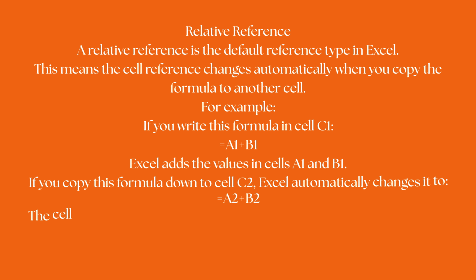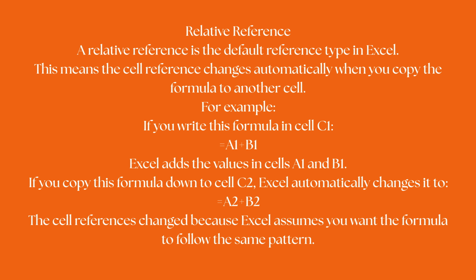For example, if you write this formula in cell C1, equals A1 plus B1, I told you that if you're going to make formulas, the result must be in another column. Excel adds the values in cells A1 and B1, and it displays the result in cell C1.